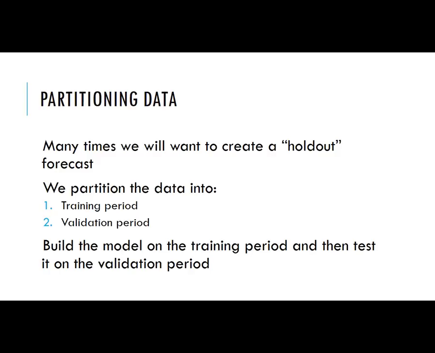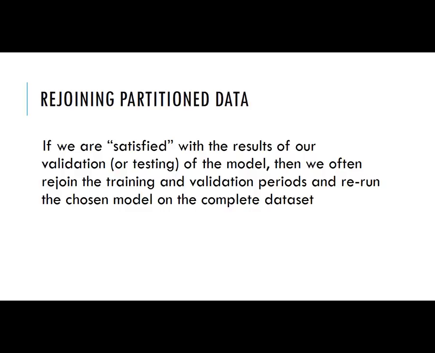If we're happy with what we get for the accuracy metrics for the validation period, then what we can do is put the partitions back together in the big one, refit the model. The coefficients will be different, right? Maybe not tremendously different, but they may be different. And then we'll use that new rejoined data and fitted model to forecast out into the future.